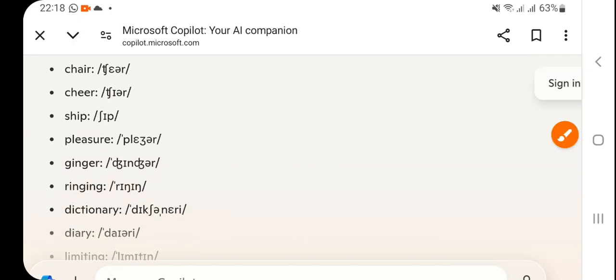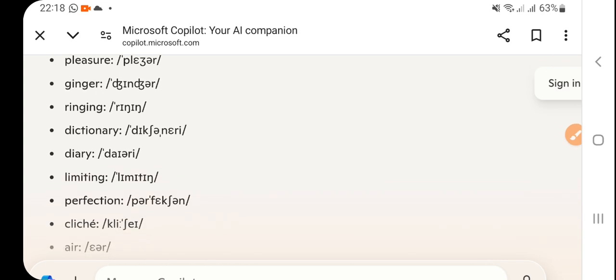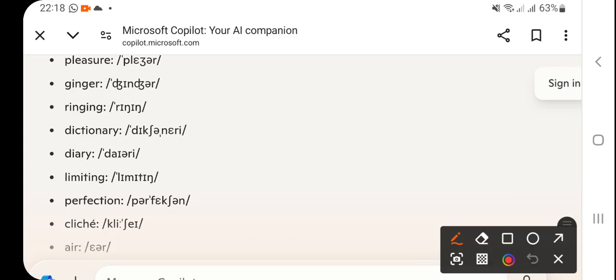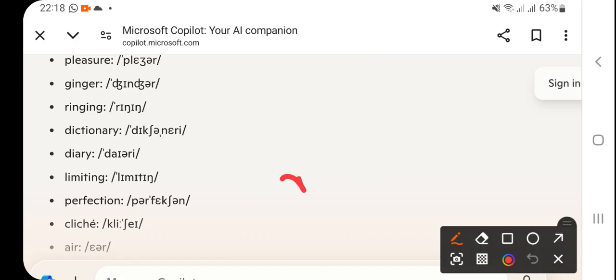Then ginger, then ringing, then dish. Here dictionary, right? You can write dictionary this way also. Oh, sorry, not this way. Dictionary you can write this way.